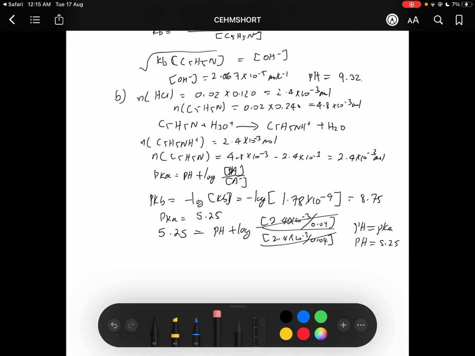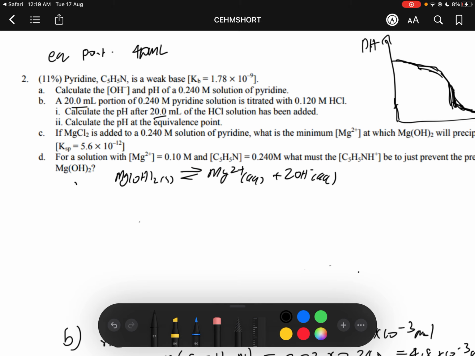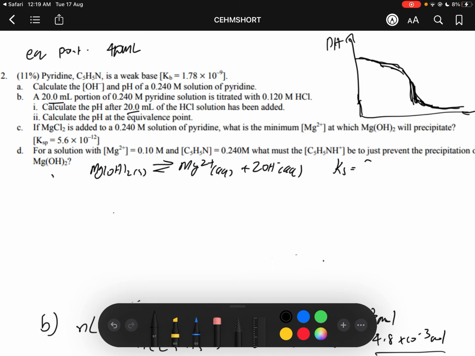Mg(OH)2 is a solid that's going to be in equilibrium with its ions, which are Mg2+ and OH-. If we write the Ksp expression, we get Mg2+ times OH- squared.